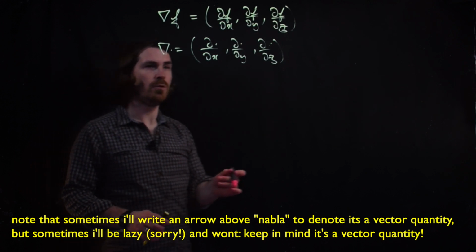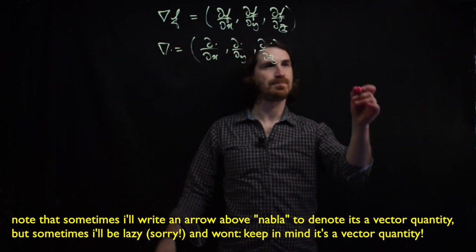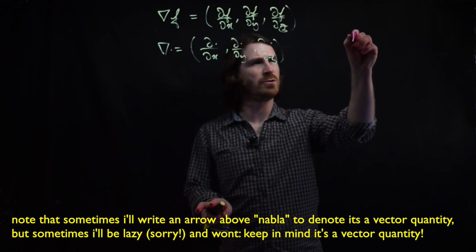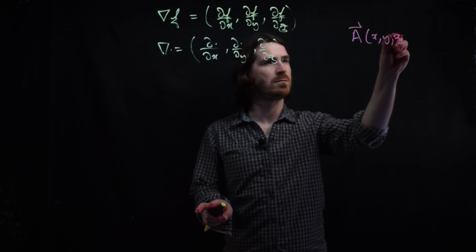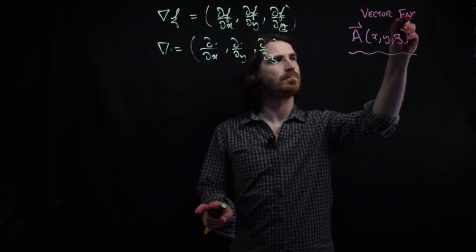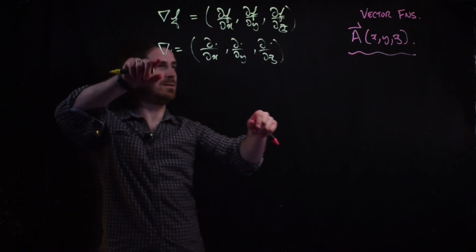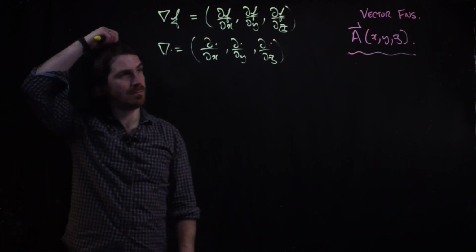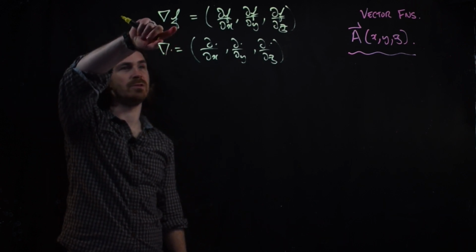And before, we introduced vector fields, so these are functions that give you vectors for each point in space. So the question is, can we marry this thing to act on vector functions? Here it's acting on the scalar function, maybe the temperature in the room.